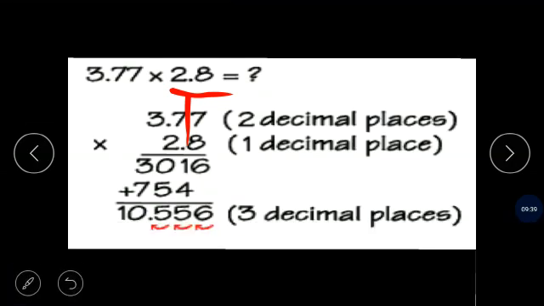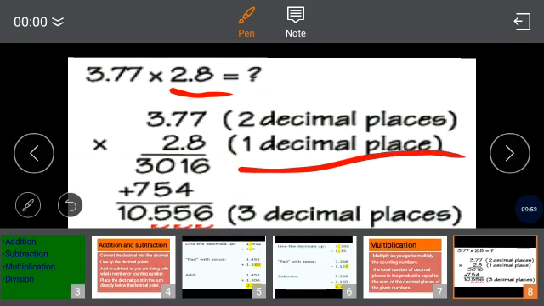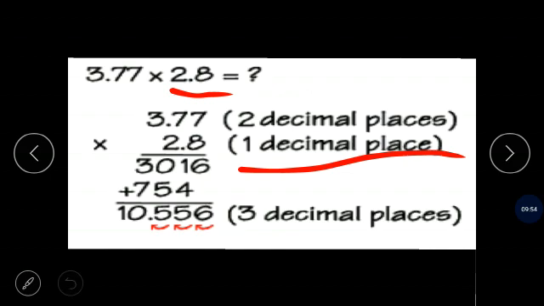Now here you have to see, as I told you in the first part, how many decimal places are there in the first number? 2 decimal places, right? In the second, how many decimal places? 1 decimal place. And what I told you: the sum of the decimal places you have to put in your answer.